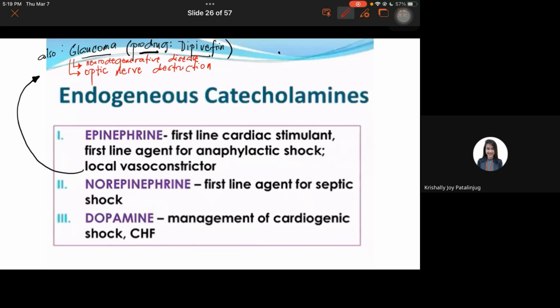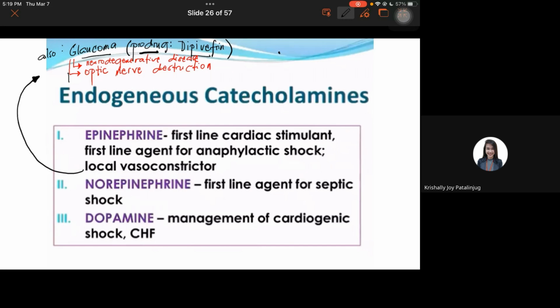Bakit? Bakit nade-destroy, damage ngayon yung optic nerve? It has actually something to do with accumulation of aqueous humor, no, sa mata. We actually have a liquid, natural nutritional liquid sa mata. Importante siya to give well nourishment no sa mga structures na nasa mata.